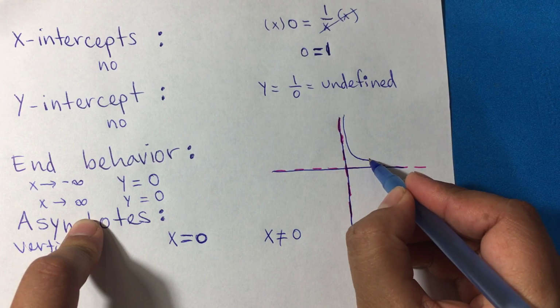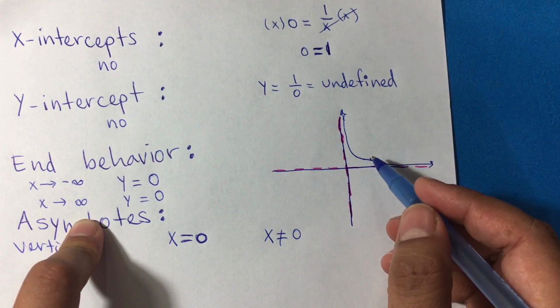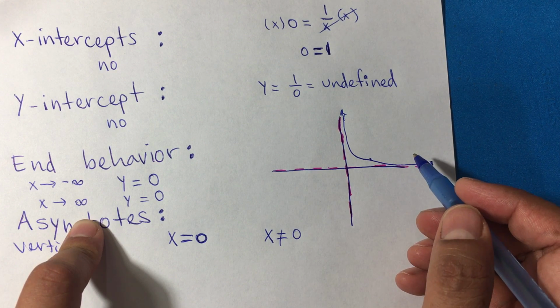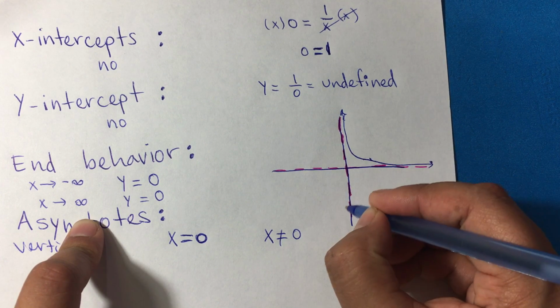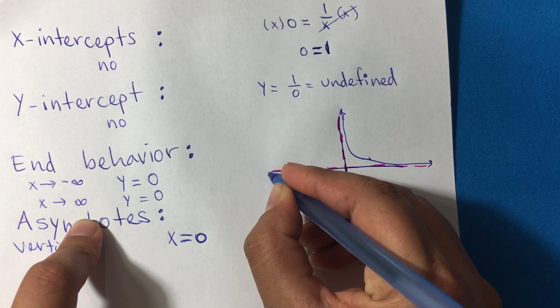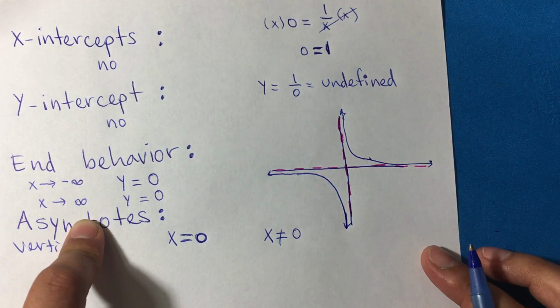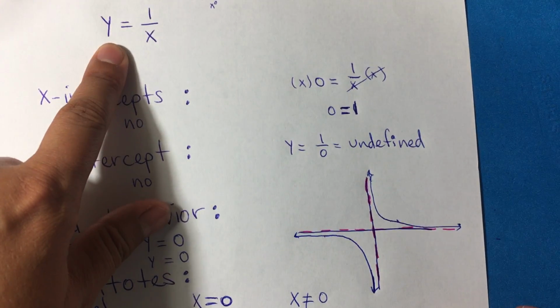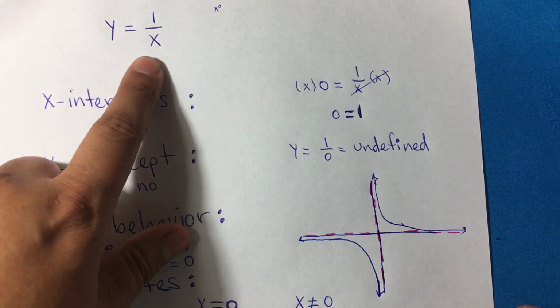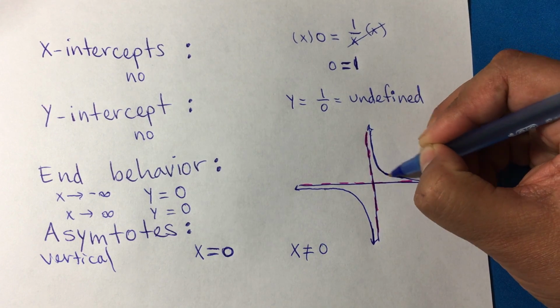And so my graph would go something like this, never touching the x or y intercepts. And for this one, it would just be something like this. And that actually comes from a mother graph. 1 over x will actually look like this all the time.